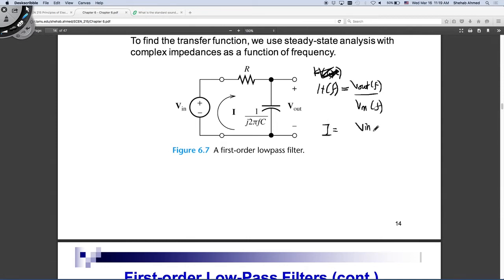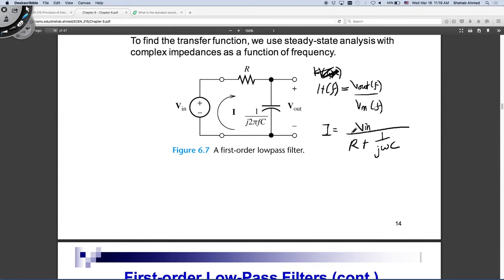V in, which is the input voltage, divided by, as a phasor of course, because since it's an AC signal, this will have a magnitude and an angle, divided by what? R plus 1 over j omega C, or 2 pi f C.